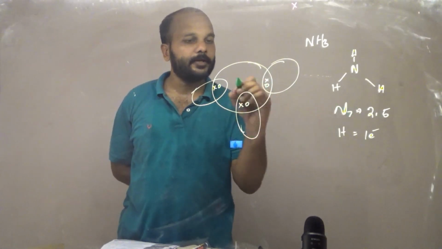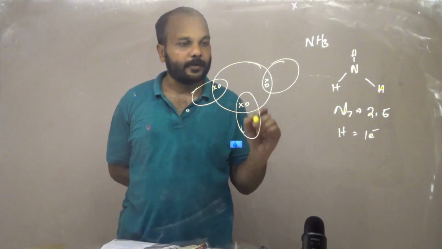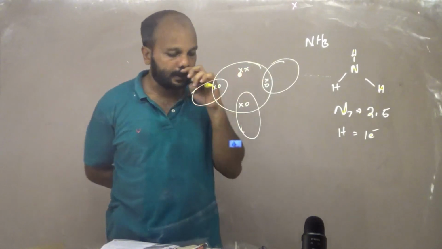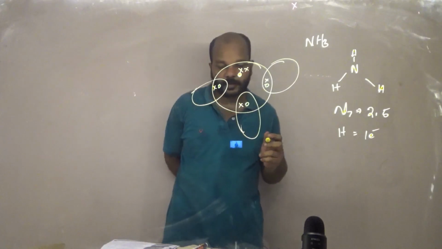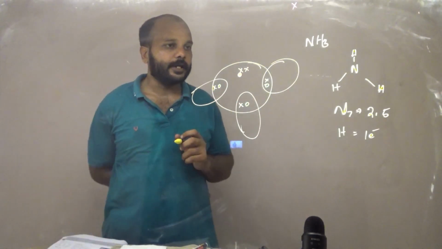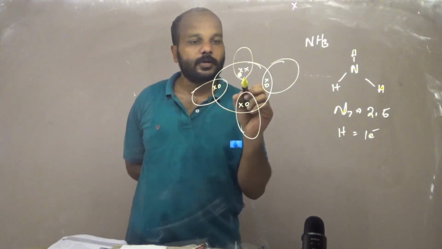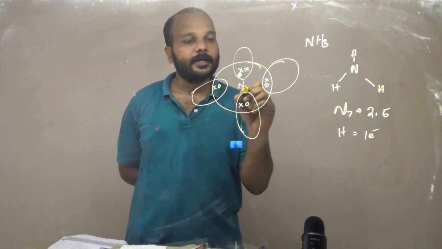Now the remaining 2 electrons of the nitrogen atom are going to occupy here. And what you can understand here is, see, this is a lone pair of electrons. So the nitrogen atom now has 1, 2, 3, 4, 5, 6, 7, 8, 8 electrons.